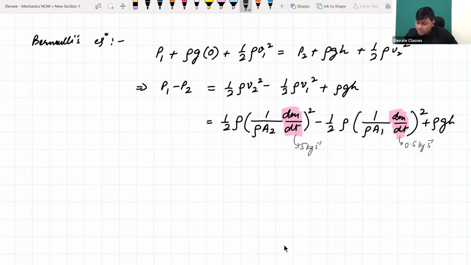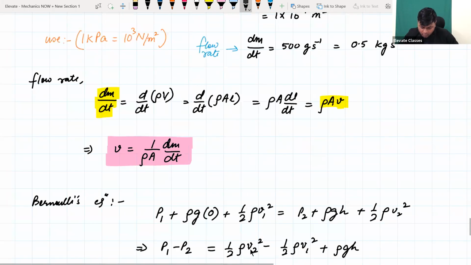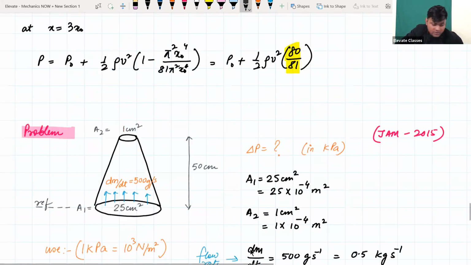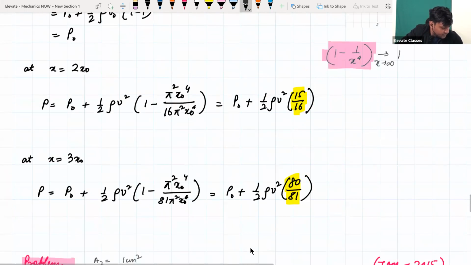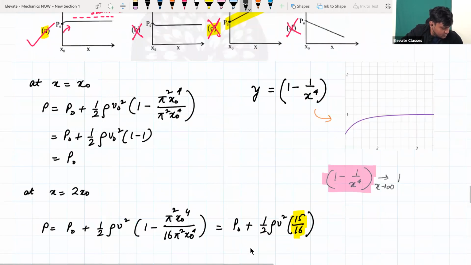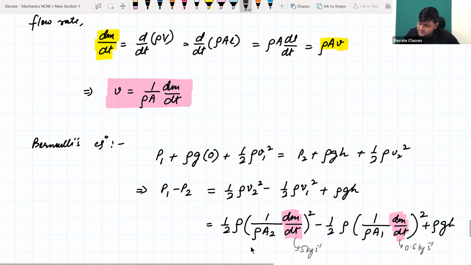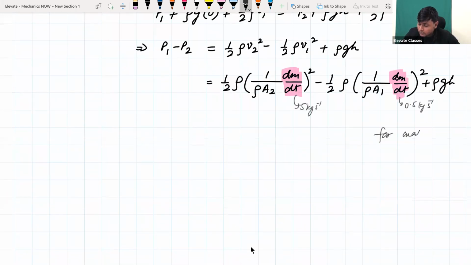Okay, rho जो है, rho आप लोगे क्या इसमें? rho you can take as 10 to the power 3. क्वेश्चन में दिया हुआ है क्या rho? Whenever you take water के लिए डेंसिटी, you can take density as rho is equal to 10 to the power 3 kg per meter cube.